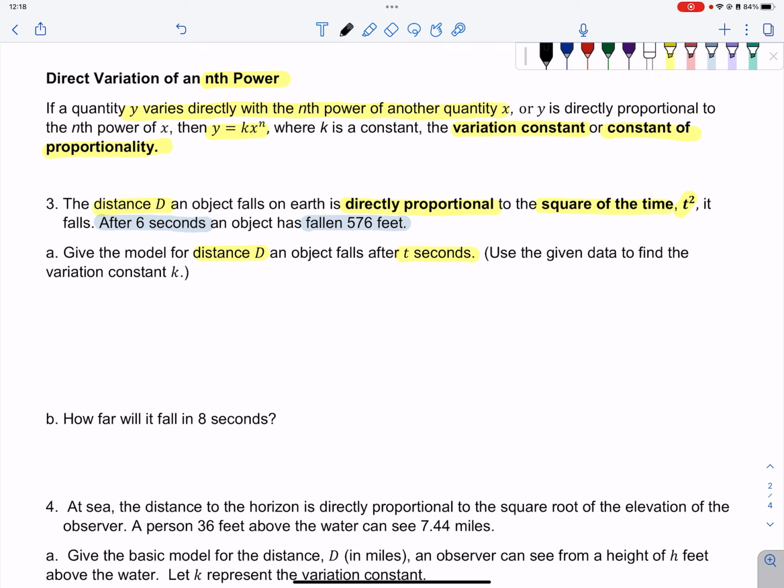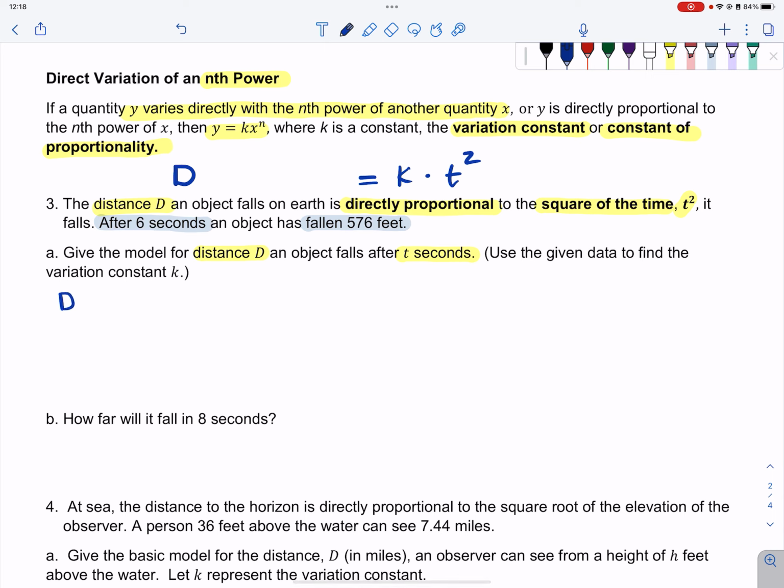So let's start off with the equation from the sentence above. Our distance d is directly proportional, so that means equal to k times, and then the square of the time, so our time squared.